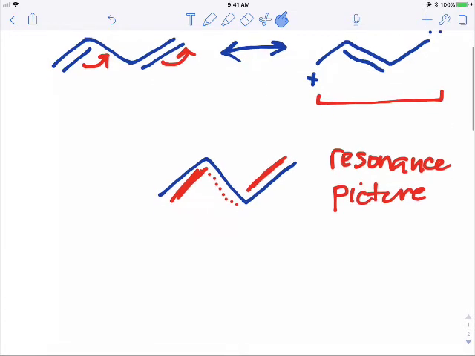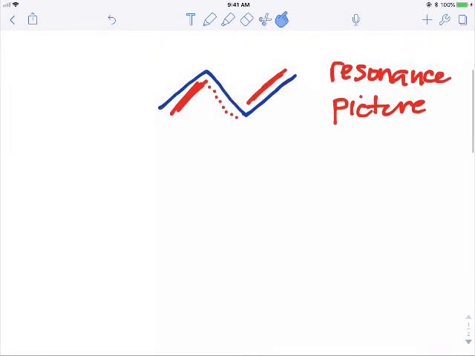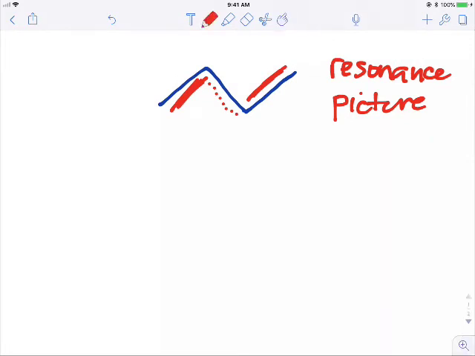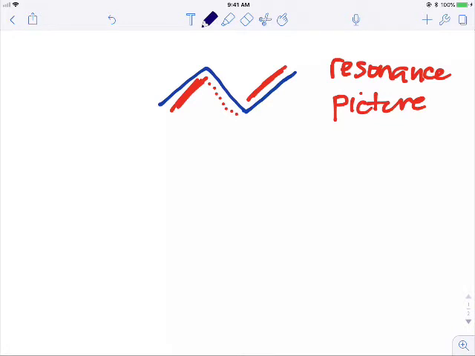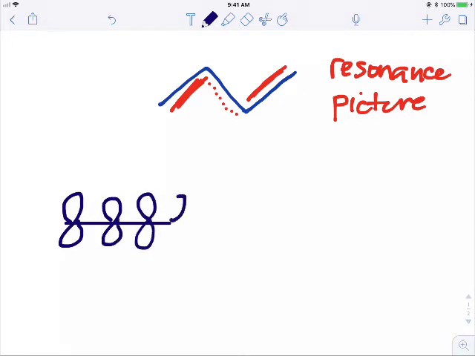Let's go back to our orbital picture, though. Remember that our orbital picture says that our 4 electrons are behaving according to 2 different sets of instructions. One of those sets of instructions, remember, had all the lobes in phase.